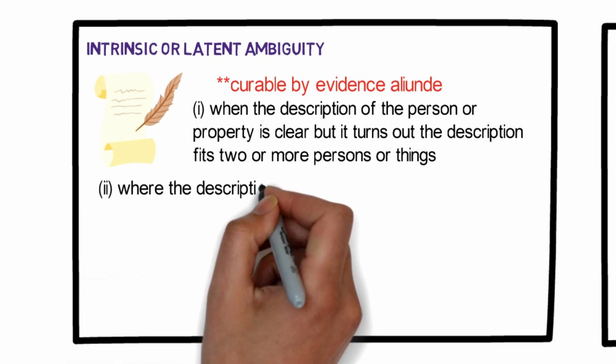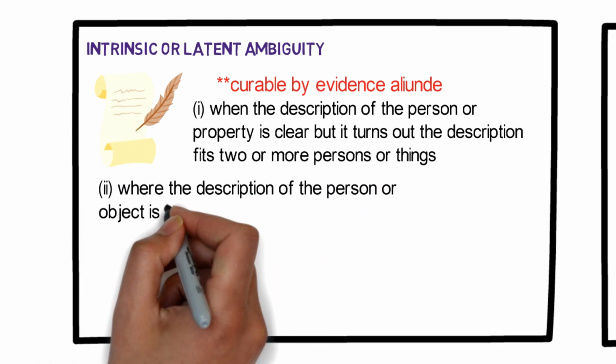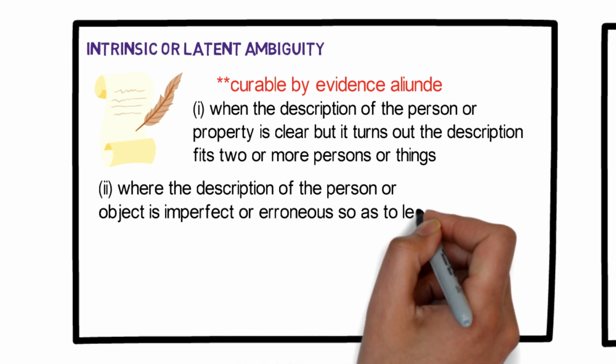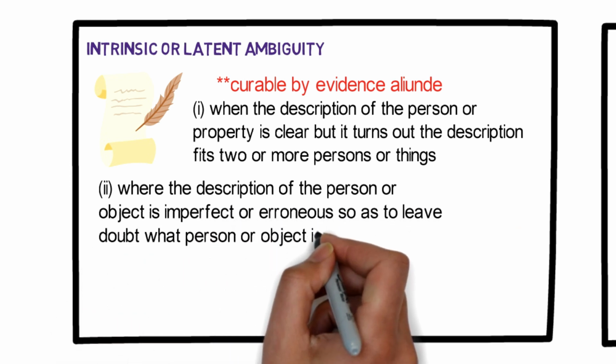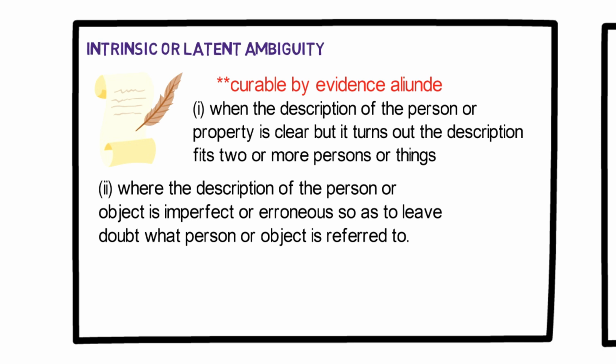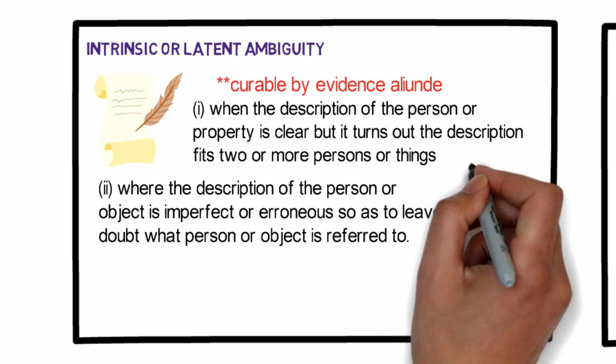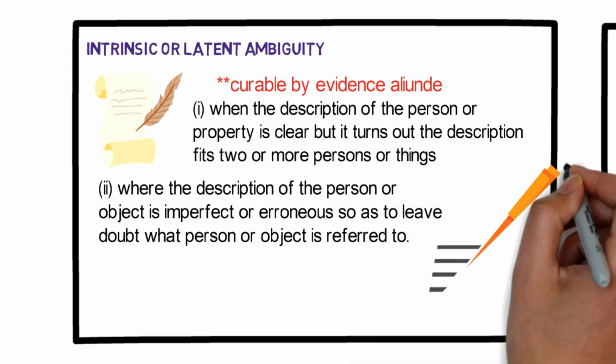When the description of the person or object is imperfect or erroneous so as to leave doubt what person or object is referred to. For example, the money shall be for the tuition fee of my son who is enrolled in UST, but it is the daughter who is enrolled in UST, while the son is enrolled in San Beda.